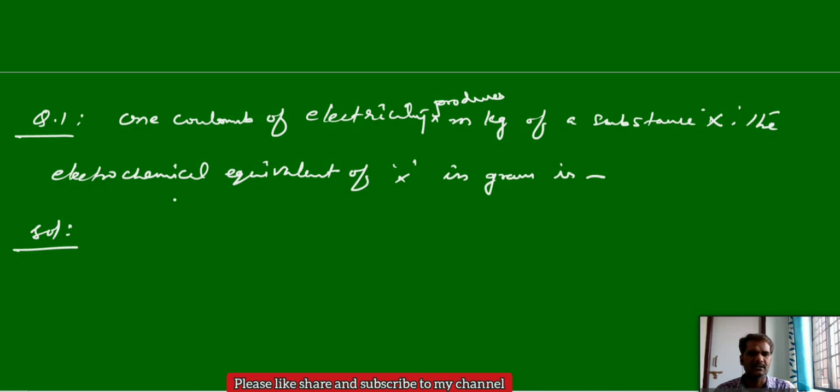The electrochemical equivalent is nothing but Z. Z is nothing but the amount of substance deposited by passing 1 coulomb of electricity, that is m kg is given. So nothing but m only, m kg, but they are asking in grams, so m into 10 power 3 grams.